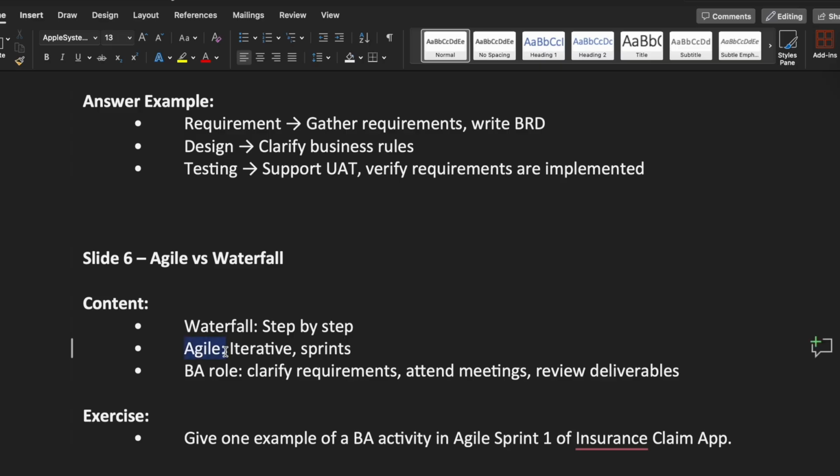But as a BA, your responsibility will not change, whether you work in Agile or Waterfall. You are still going to clarify requirements, gather requirements, and create the BA artifacts. Are you clear on this one? Okay, so it doesn't change your responsibility.